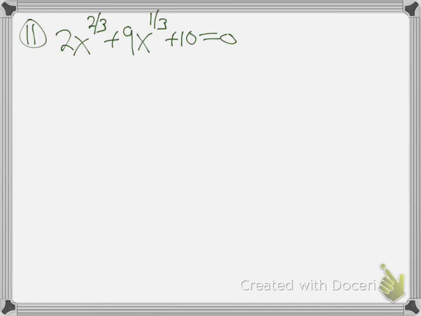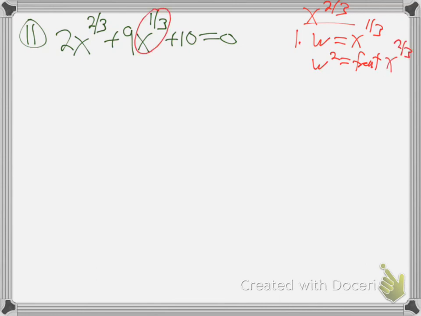Okay, so again, what do you do with x to the 2/3? Step 1, you let w equal the middle one, and w squared is the front, the x to the 2/3, right? So you let the middle one be w, and then the front x, which is 2/3, is twice as big as 1/3.